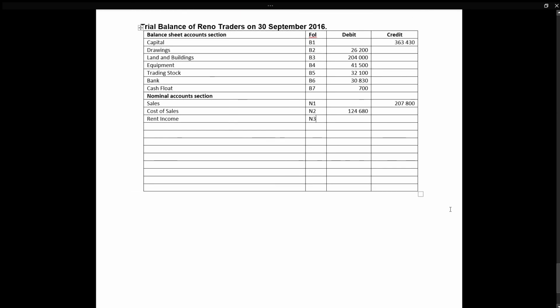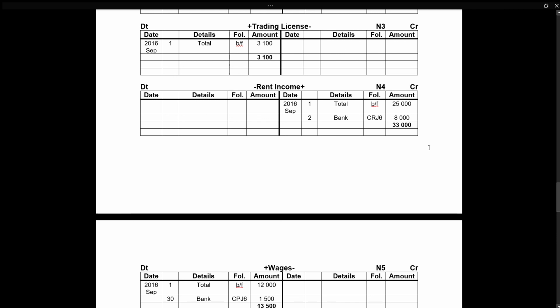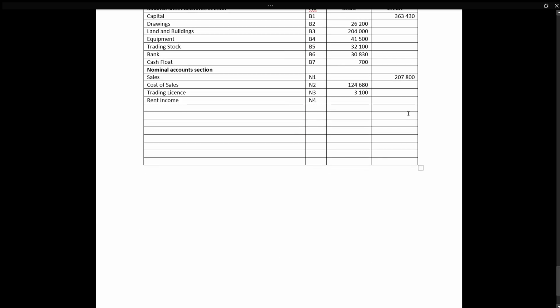Let's go and fill that first. Trading license had an amount of 3,100 Rand and it was trading license. Right, the next one will be rent income. And rent income was N4. Right, it will have a credit balance since it is an income of 33,000 Rand.